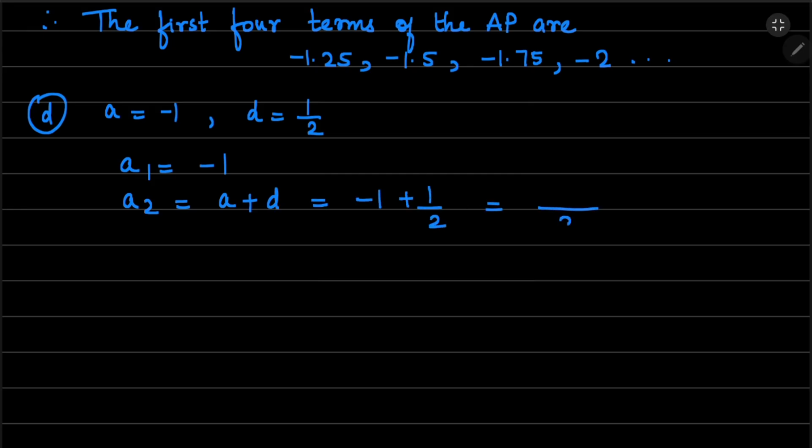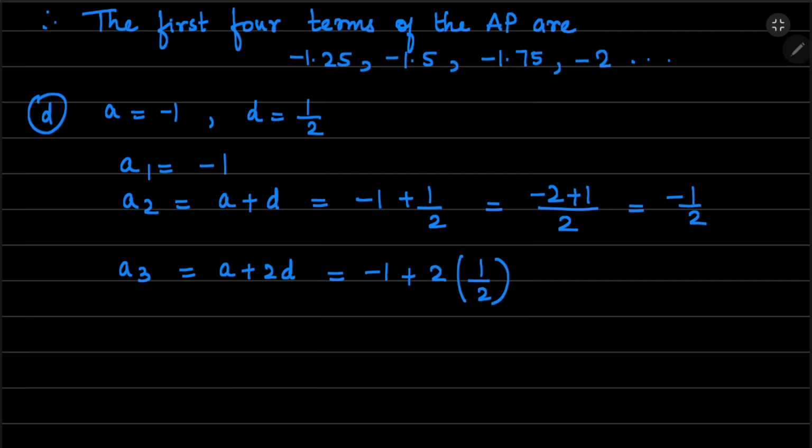The LCM is 2. So you have minus 2 plus 1, which is nothing but minus 1 by 2. Let's calculate the third term, A plus 3 minus 1, 2 into D. A is nothing but minus 1 plus 2 into what is D? 1 by 2. Again, your 2 and 2 will get cancelled. Minus 1 plus 1, which is 0.